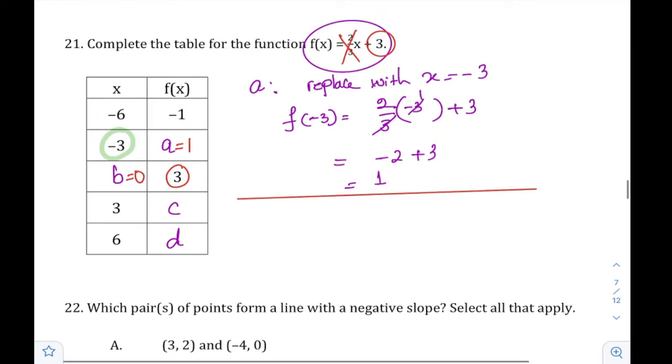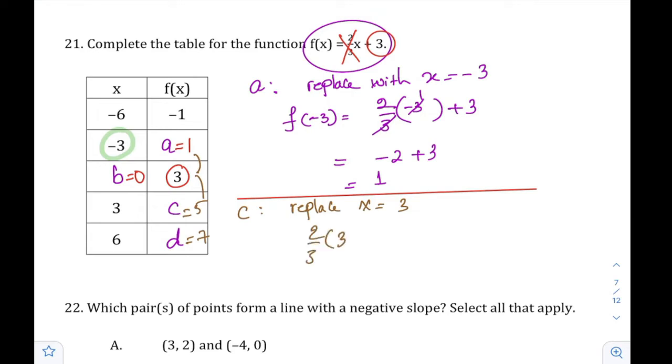C. How can I find C? Again, replace with x is 3, or you can see the pattern here. This is 5 and this is 7 because it is a linear function. If you replace and try, 2/3 times 3 plus 3, so 2 plus 3 is 5.